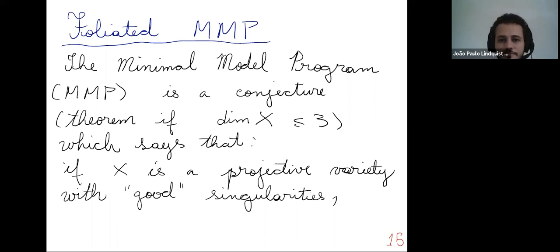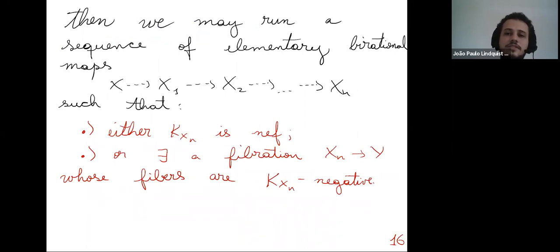Conjecturally, and for dimension of X at most 3 it is not a conjecture but a theorem, it tells us that if X is a projective variety with good singularities, we can run a sequence of elementary birational maps such that the end result, X_n, either has a nef canonical bundle or is a Mori fiber space, in other words a fibration X_n to Y whose fibers are K_{X_n}-negative, or Fano.